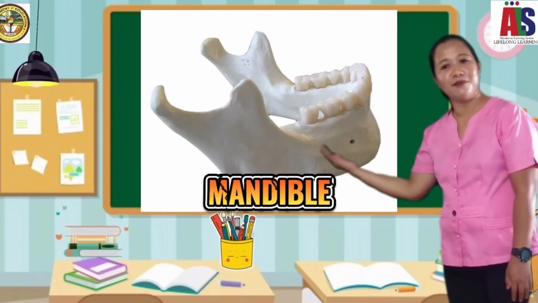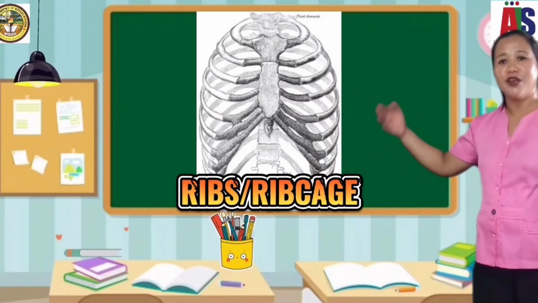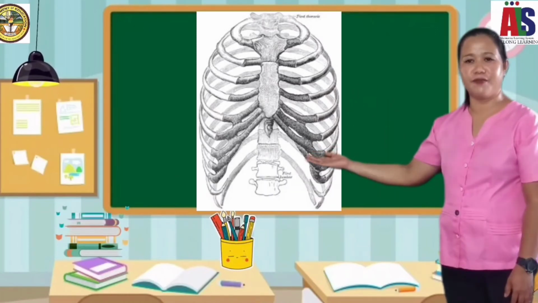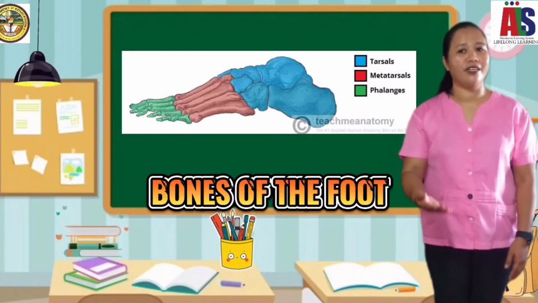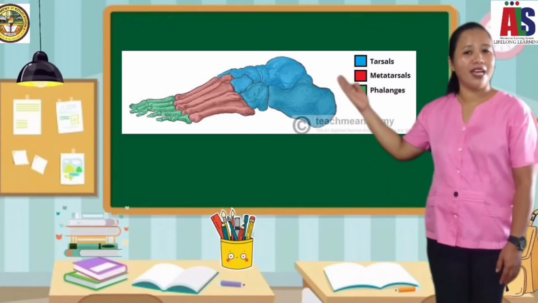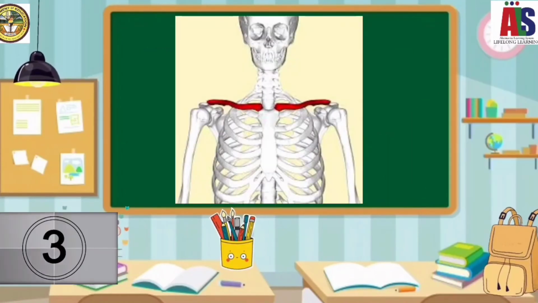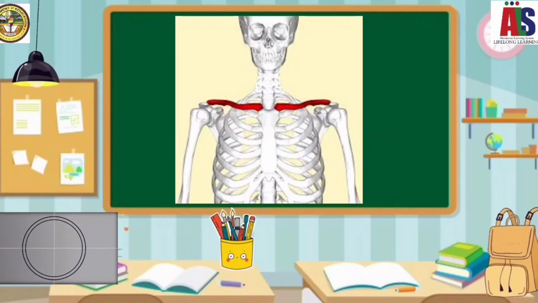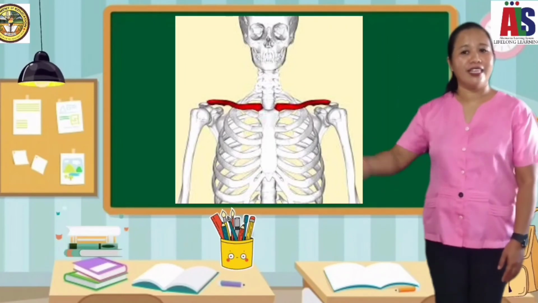This is the mandible. That's right! The ribs or the rib cage. Very good! The bones of the foot, the tarsals, the metatarsals, and the phalanges. Very good! The scapula.